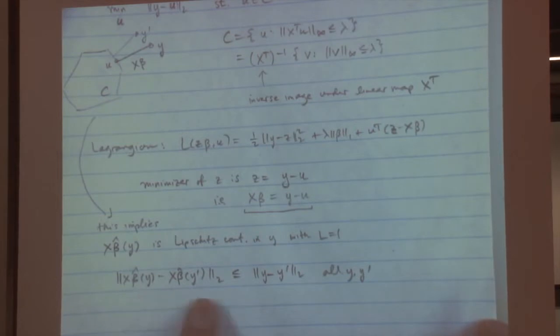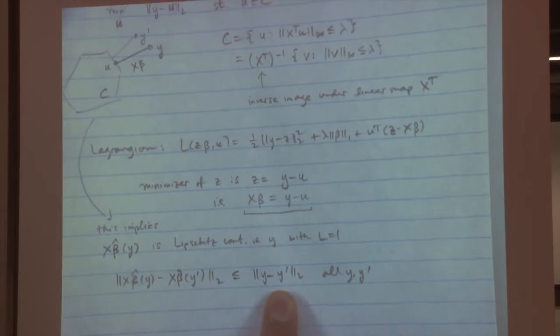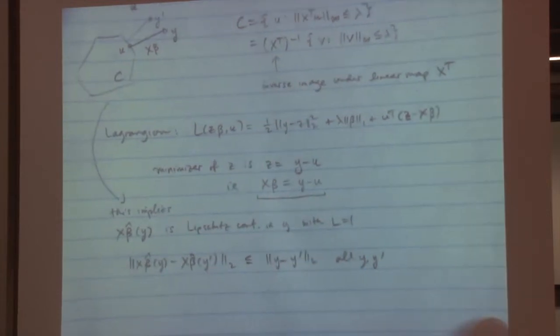It may be interesting to say that if I asked you to solve the Lasso problem at y and at y prime, some perturbation of the response, then I don't expect them to deviate any more than y did from y prime. It's a pretty nice stability property of the Lasso. It's also not something you would think is easy to do from first principles. But here it comes from the dual.